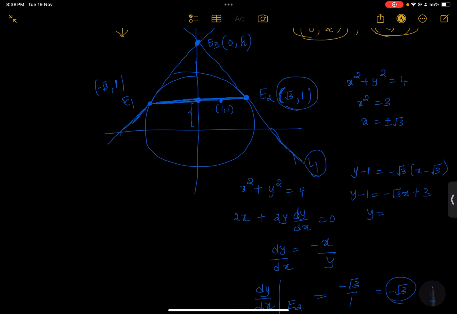So y is equal to 4 minus root 3 x. Now this point E3, 0 comma h, lies on this. So substitute x equal to 0, y is equal to 4. So the value of h is 4. So the point E3 is 0 comma 4.